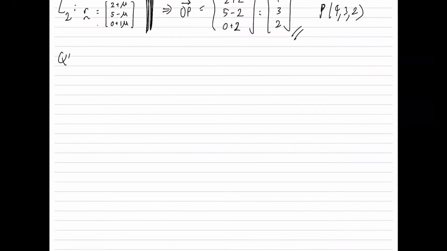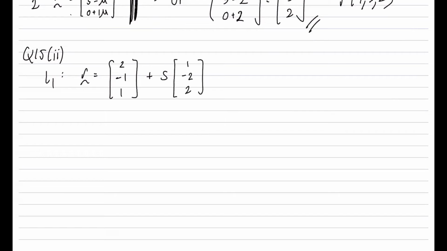This is question 15, part 2. Check that they are skew. So now we got L1. This time r equals 2i minus j plus k. It's just (2, -1, 1), so I can write down straight away, don't need to show working. Then s times (i minus 2j plus 2k), so (1, -2, 2), then s an element of real numbers. And then you got L2.